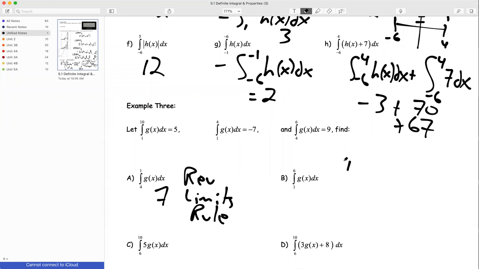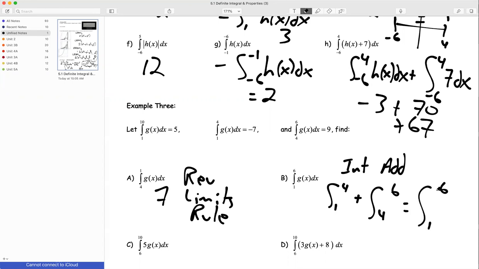So I'm going to use my interval addition rule. I can split this up as the integral from 1 to 4 plus the integral from 4 to 6. That's going to be equal to the integral from 1 to 6. And the integral from 1 to 4 is -7. The integral from 4 to 6 is 9. Therefore, combining those should get 2.